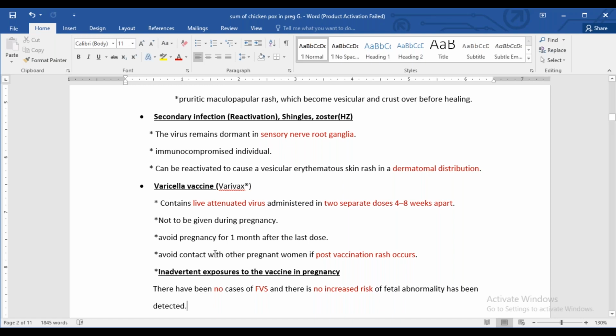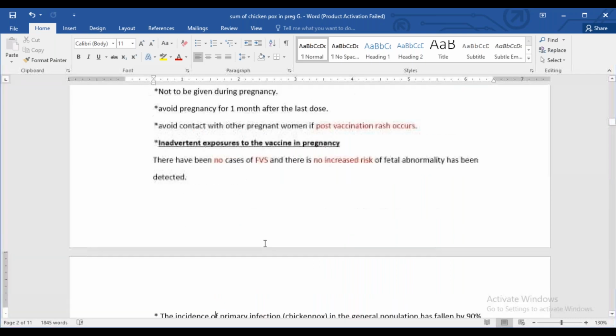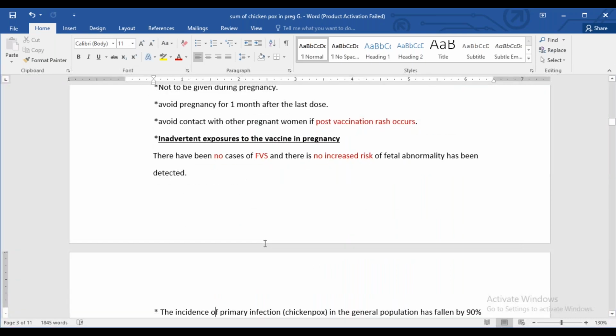Okay, so we avoid contact with other pregnant women if post-vaccination rash occurs. Reported that some cases who took vaccination, they may report subclinical infection or post-vaccination rash, so she becomes infective to other pregnant women. So she has to avoid contact with pregnant women if she developed post-vaccination rash.